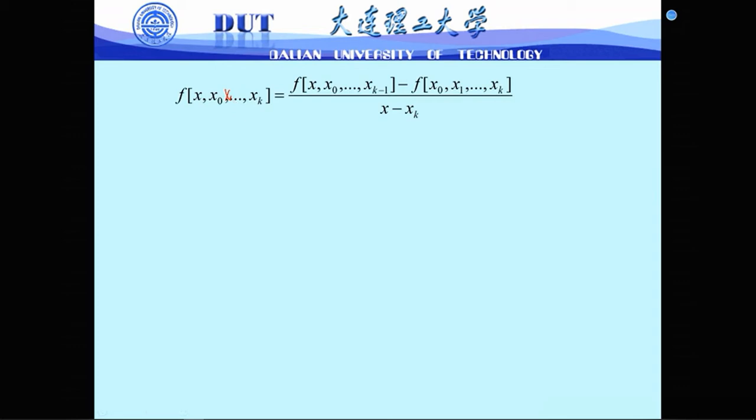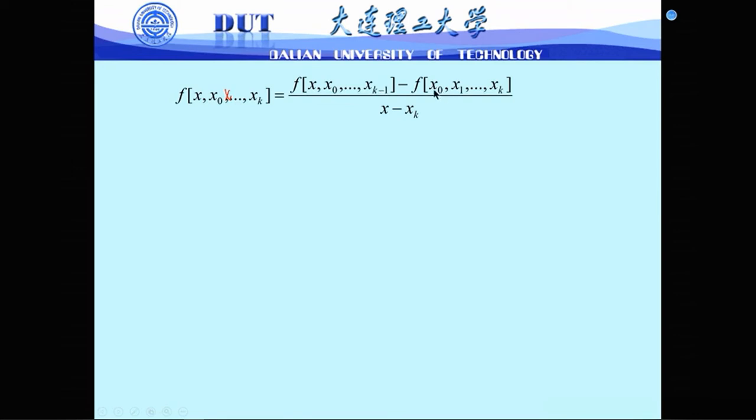Okay, by the definition, remember the definition, it is also a ratio. The numerator is the difference of k order divided differences. That means we need to drop one node. So here we choose x0 to xk minus 1, which means we don't use xk here.